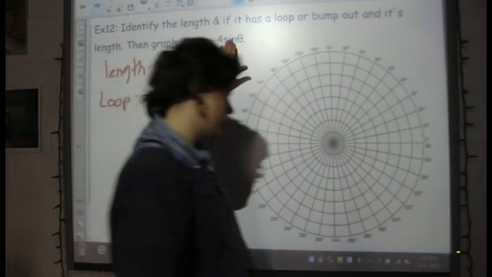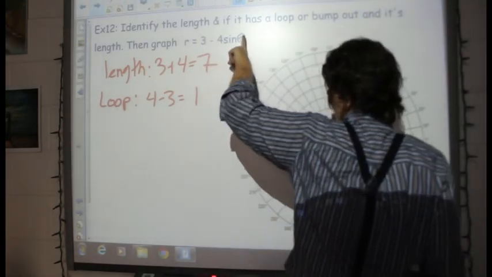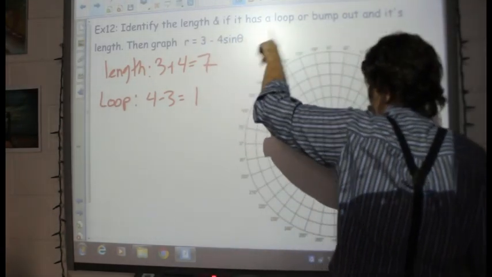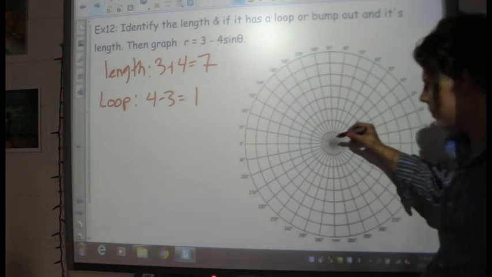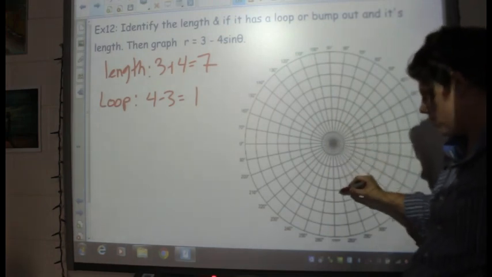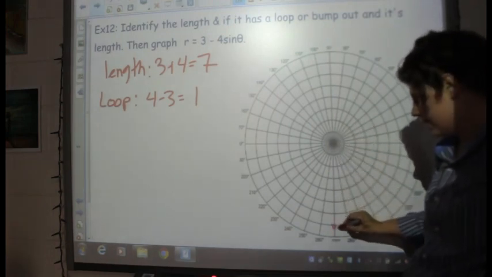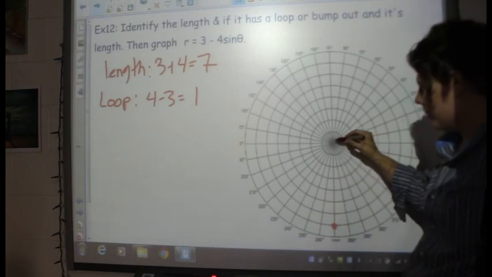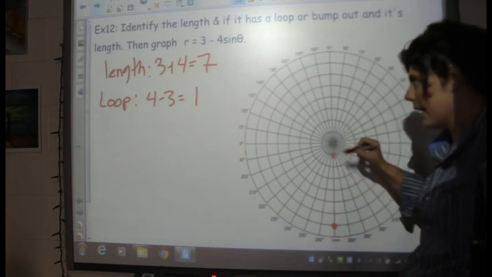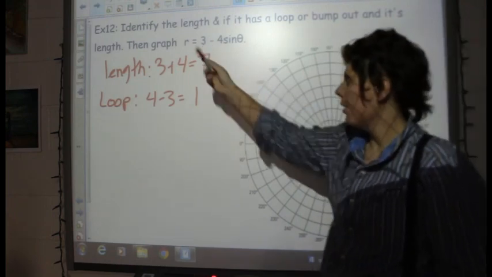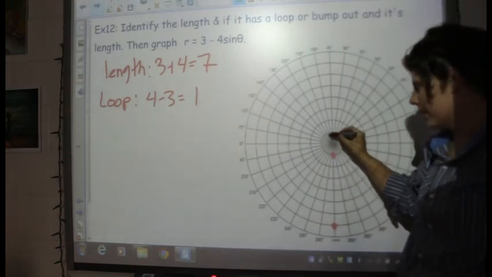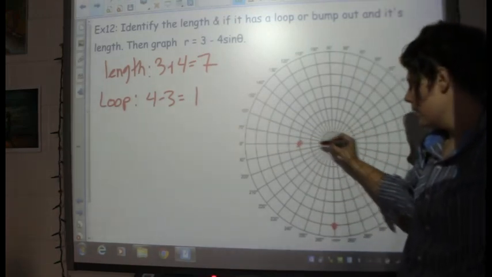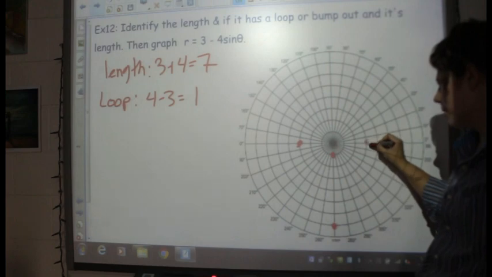I'm going in the y direction, and then the negative y direction because it's negative sine, so I'm going down. So from the pole I count 1, 2, 3, 4, 5, 6, 7, got a dot. Then my loop is 1 towards that, and I have a width of 3. So from the pole I count 1, 2, 3, and then 1, 2, 3.